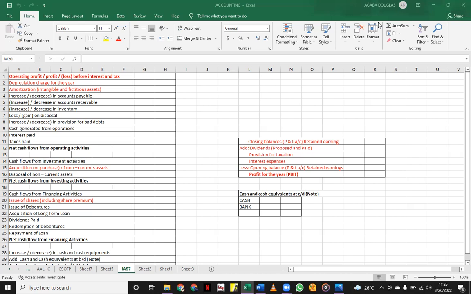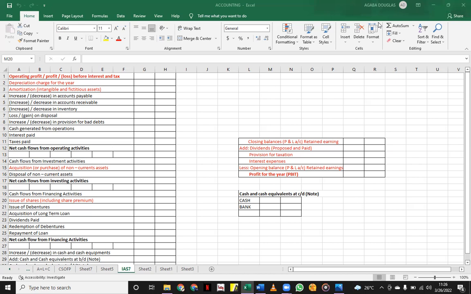It simply means that you've brought in goods from suppliers without you paying, and that calls for an inflow. But if your accounts payable reduce, then that means you're moving money out of the business to pay the creditors. And that's why we are saying when accounts payable are reducing, that calls for an outflow. But if they're increasing, that is an inflow.